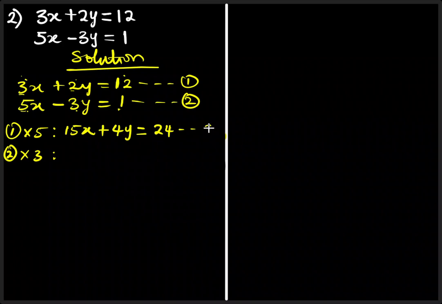So we can call this equation 3 because we've done a little adjustment to it. And then we move to equation 2. Equation 2 times 3, that will give us 3 times 5x, that will be 15x, and then minus 2 times 3y, that will give us 6y, equal to 2 times 1, that will be 2. And we can call this equation 4.